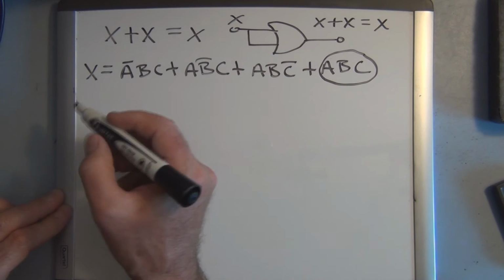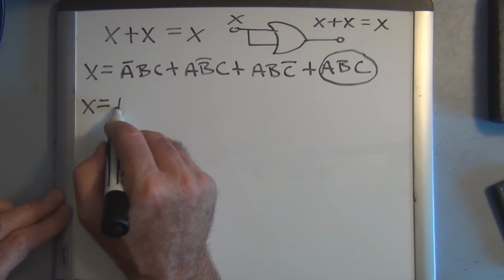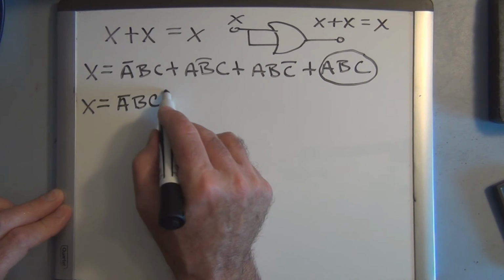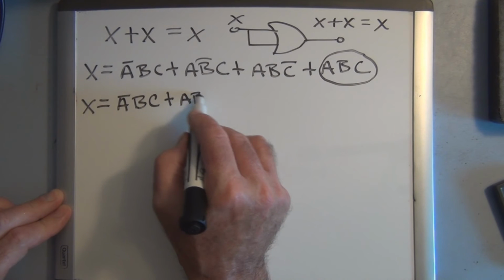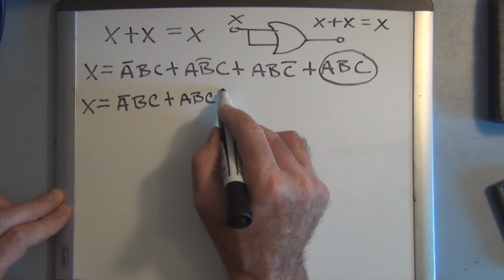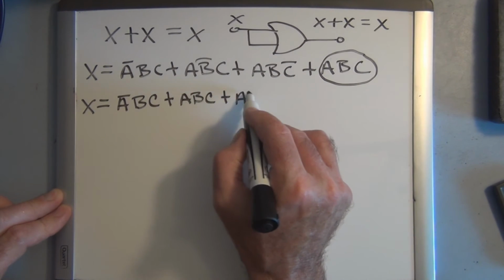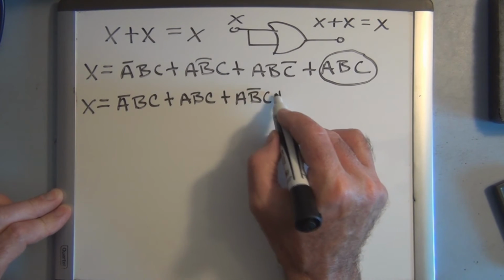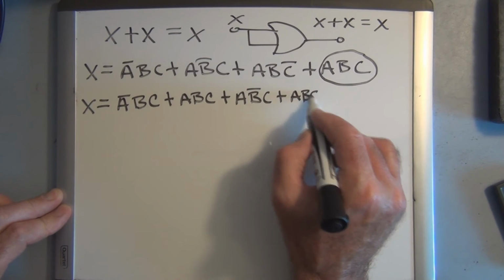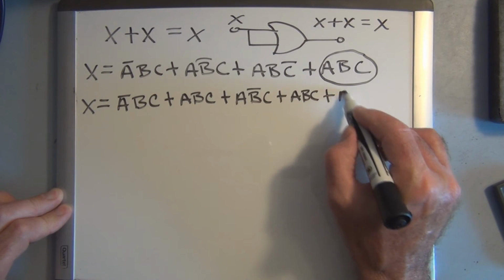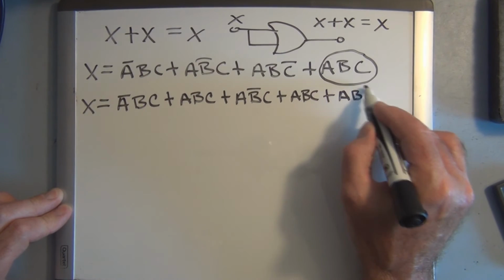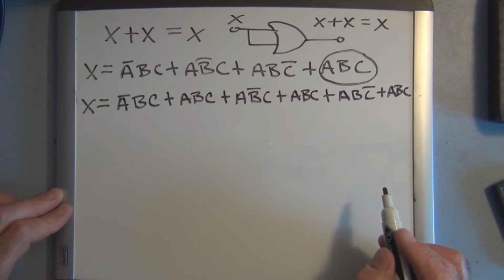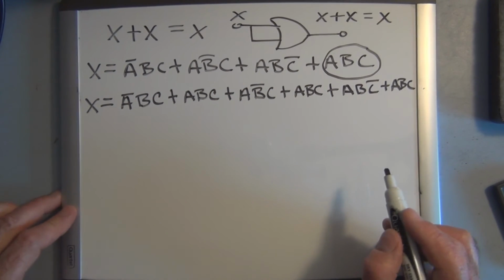So here we have X equal to A naught B C, or together with A B C, and that's ORed together with A B naught C, or together with A B C, and that's ORed together with A B C naught, ORed together with A B C. And now what we can do is factor out.